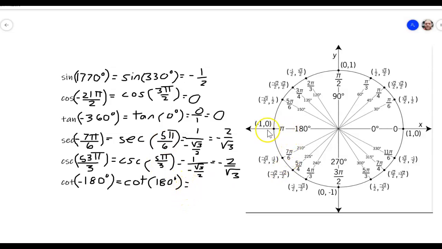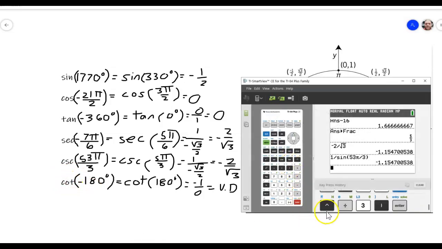So if I go to 180 degrees, the x over y, so this is negative 1 over 0, and this would be undefined. So when we put this in our calculator, it should tell us we get an error message.